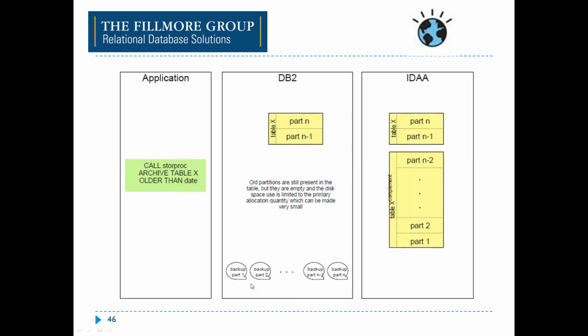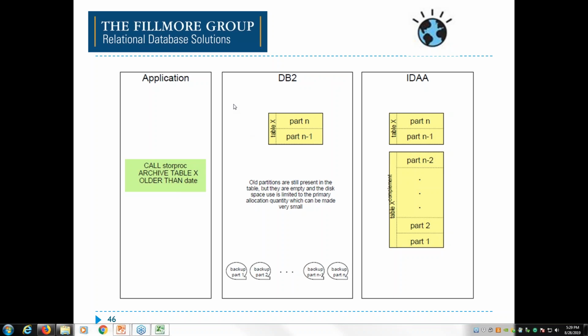You have a collection of image copies down here which are required to do the archiving. You can restore those from those image copies directly to IDAA version 7. You will not have to restore them to IDAA version 5 first. Okay, so I think I got that question.